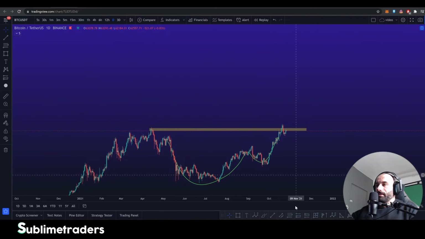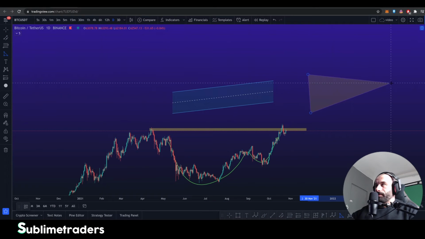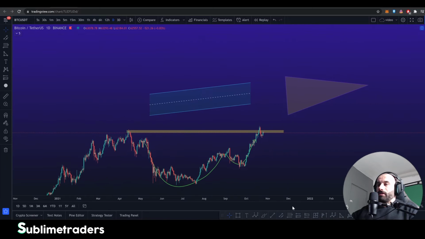So measuring a formation, be it a channel or a triangle, is pretty straightforward. You take a projection line, you plot the difference, you measure the difference that is in the formation. In the case of the channel it is a straight line like this. In the case of a triangle, it would be something like this. And then you take the projection lines and you plot them where you think the breakout will happen.